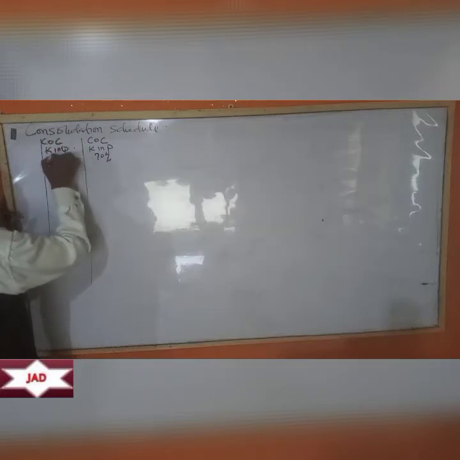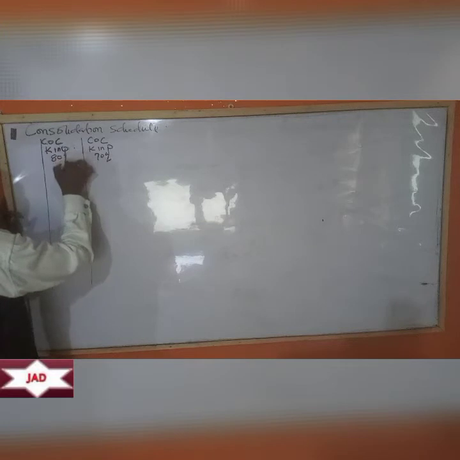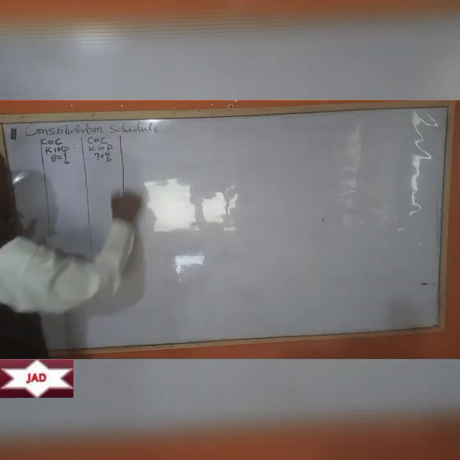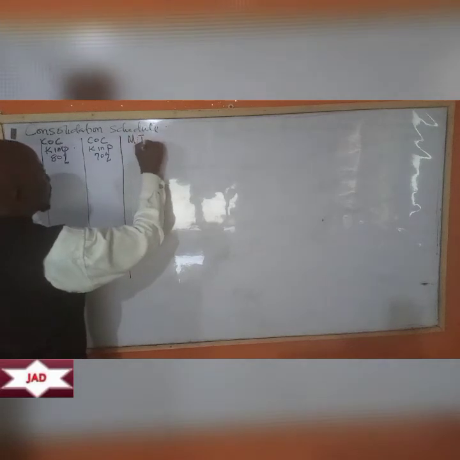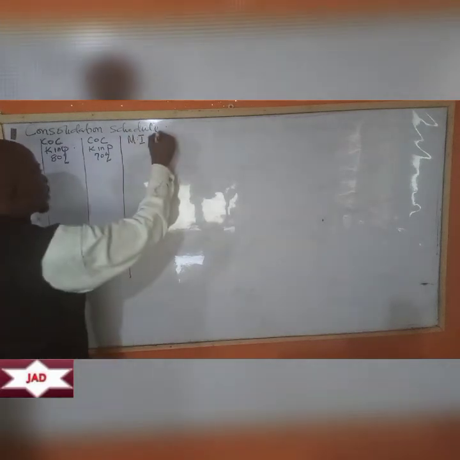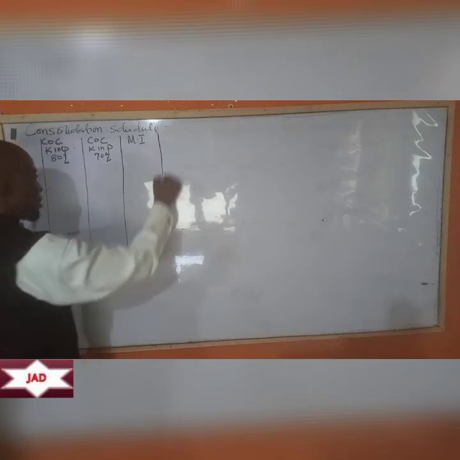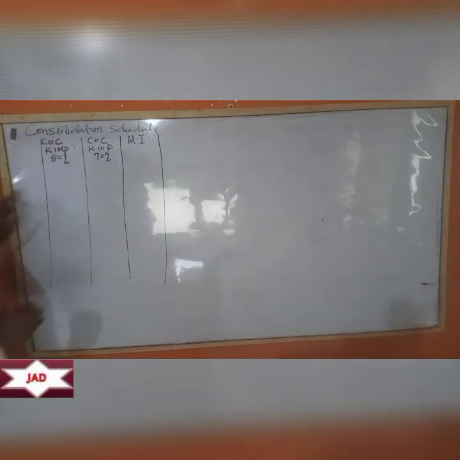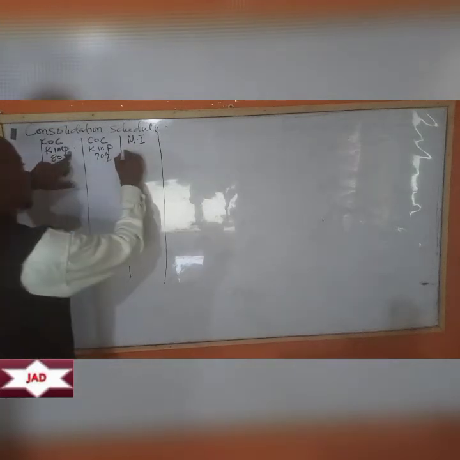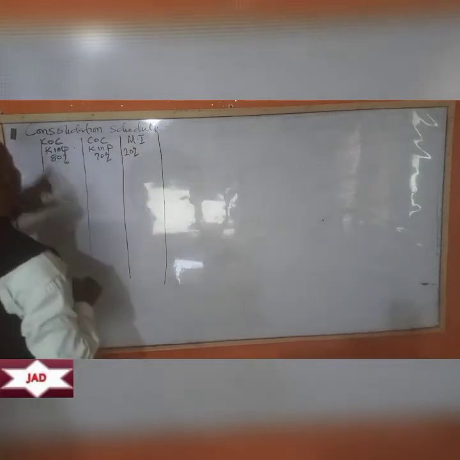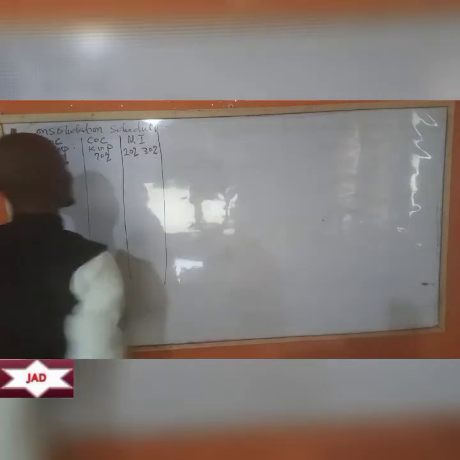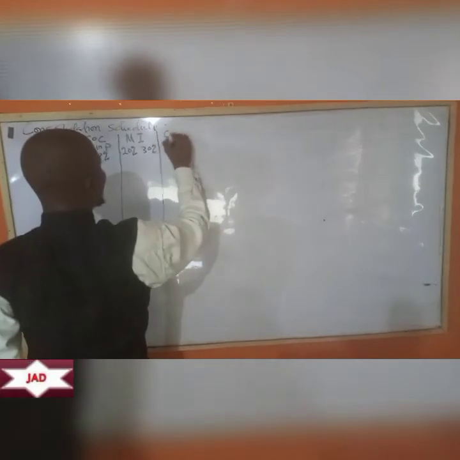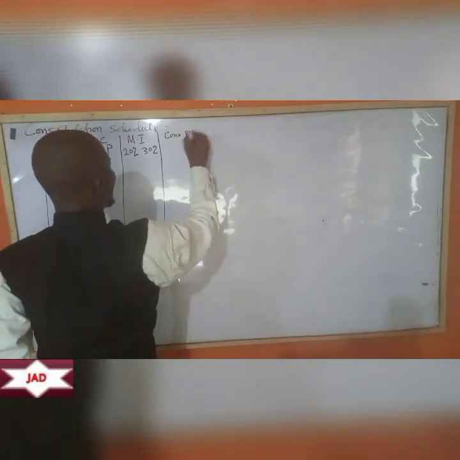Then we have minority interest. Based on Kings and Queens, we have 20%. Based on Kings and Ponds, we have 30%. So we have consolidated P and L.